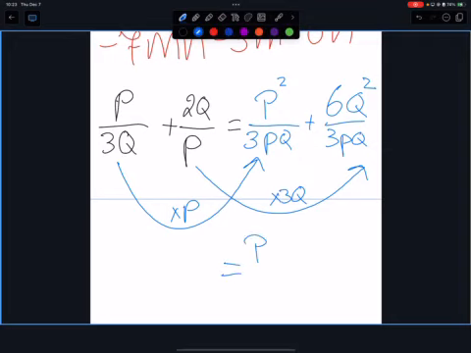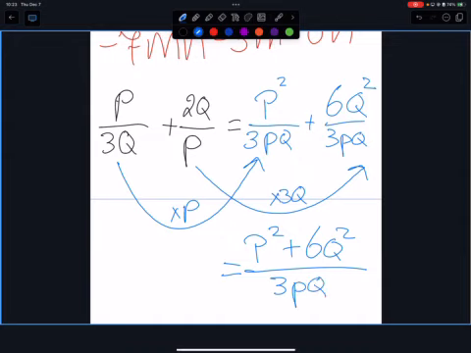So your answer becomes p squared plus 6q squared divided by 3pq. That's it. Look at fractions the same as with numbers. There is no answer to be given. So what about p squared plus q squared divided over the 6p q squared? No, so what plus? You cannot add, correct. They're different terms.